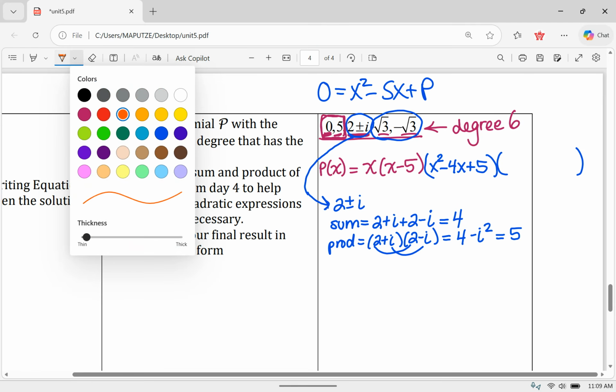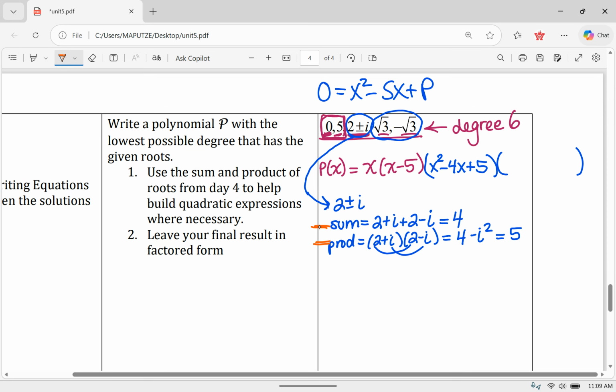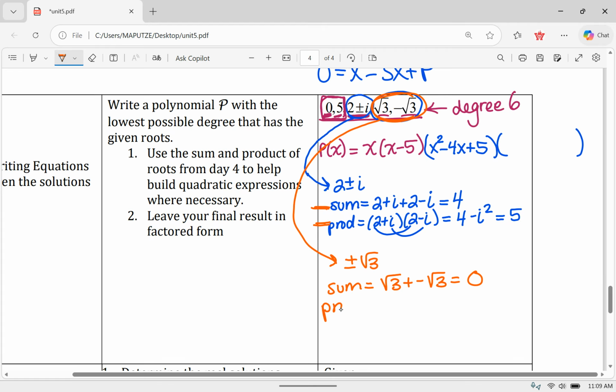And oh, by the way, your calculator could do this for you and get the sum and product. Okay, we'll do this one in orange. This one's coming down. So you have plus or minus radical 3. Sum: radical 3 plus negative radical 3, sum is 0.